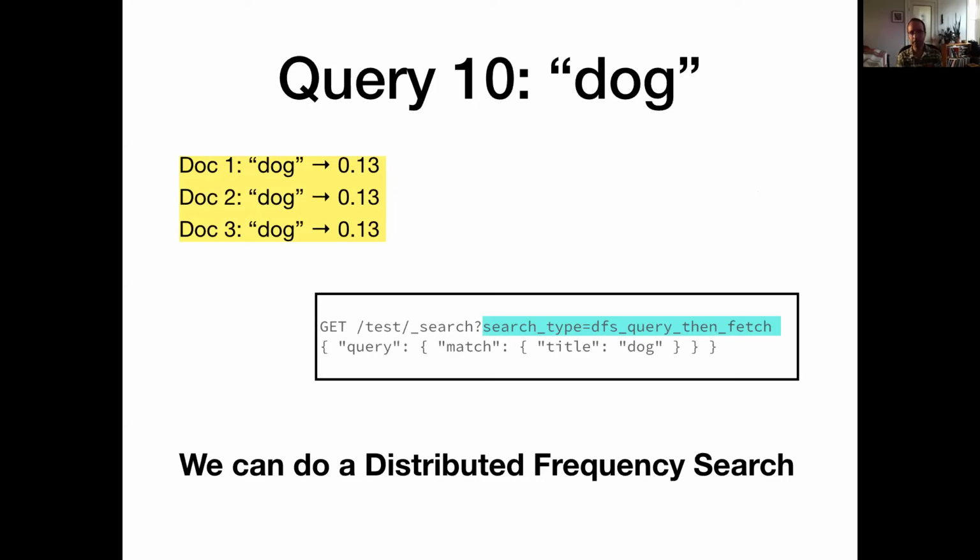What this does is it tells the search engine to do what's called a distributed frequency search, where each shard is queried to get its term statistics, and those statistics are then combined into a unified set of statistics for the entire cluster. And when we do distributed frequency search, as expected, all the documents here are tied.